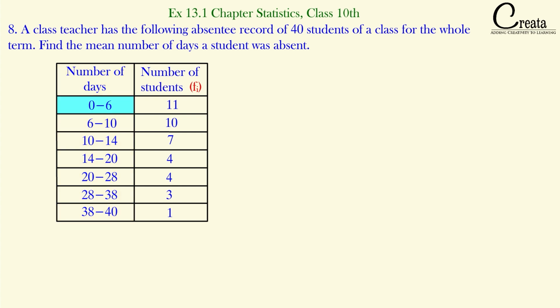From 0 to 6 we have 6 numbers. But in the second row, 6 to 10, we have 4 numbers. Further, in the fourth row, 14 to 20, we have 6 numbers. So each row has a different range. The range is varying from row to row.